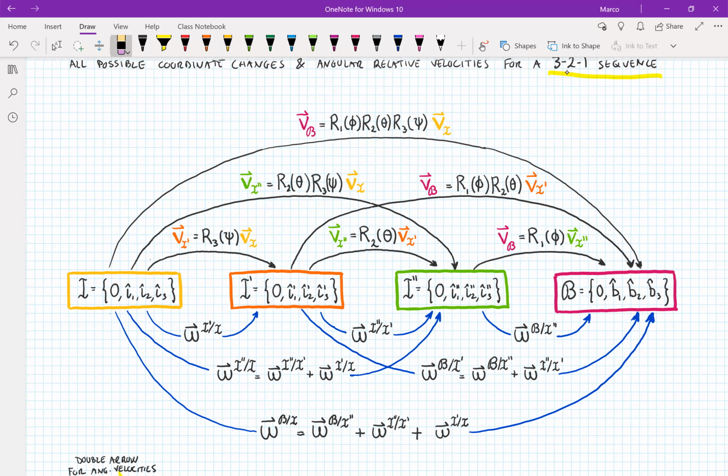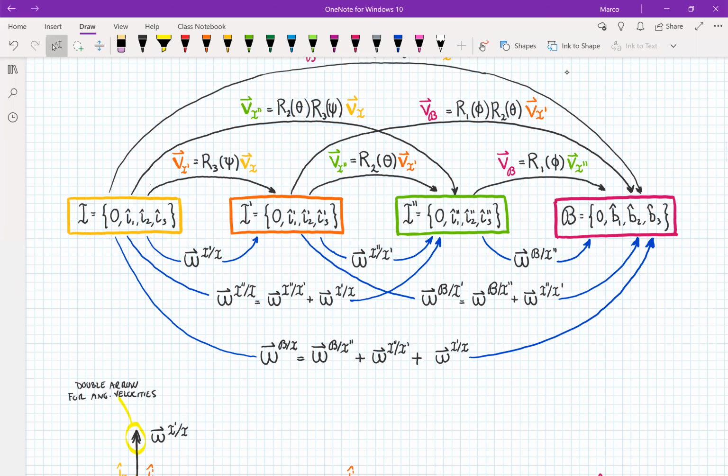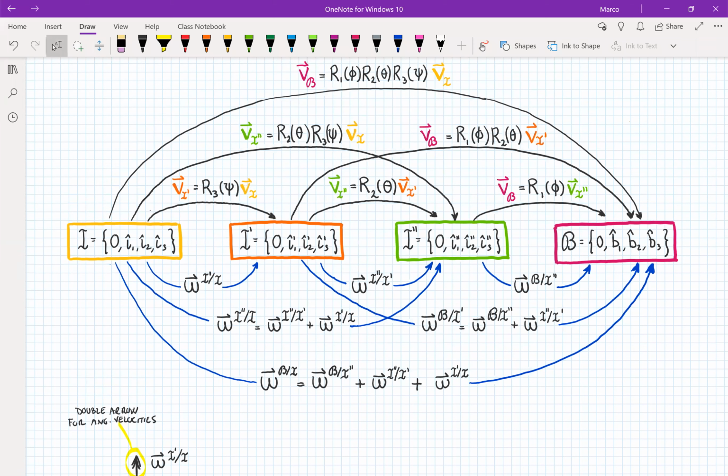All right, so now if we take a look at what happens on this side of this schematic, here I've written down the angular velocities and the relative angular velocities between one frame and another. So for instance, this is the angular velocity of the I prime reference frame with respect to the I reference frame.